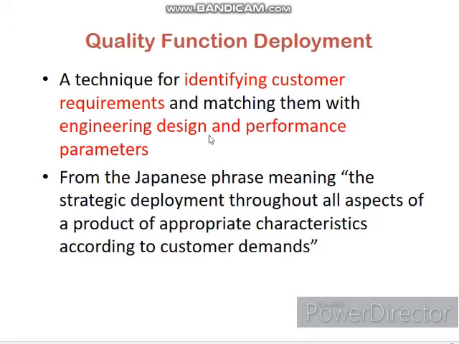And in doing so, in identifying customer requirements and coming up with engineering designs and performance parameters to meet them, the exercise of matching the two can be done using the house of quality concept. Quality function deployment is actually from a Japanese phrase, which means the strategic deployment throughout all aspects of product of appropriate characteristics according to customer demands.